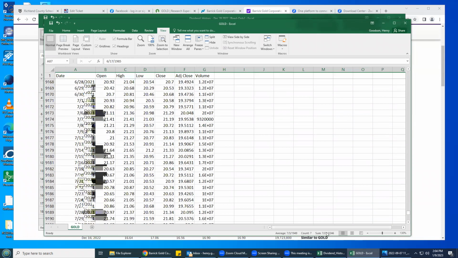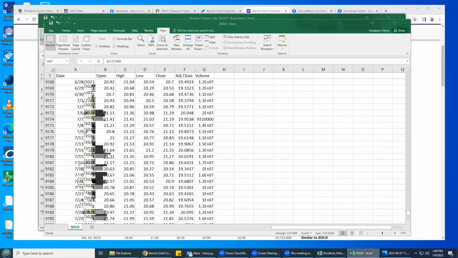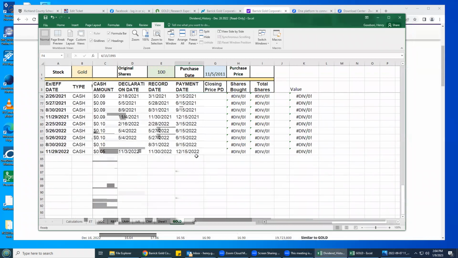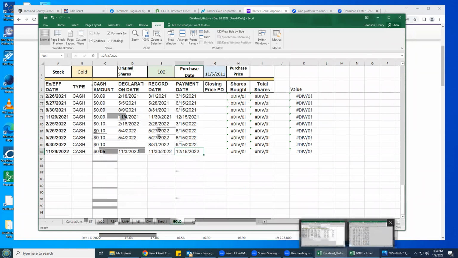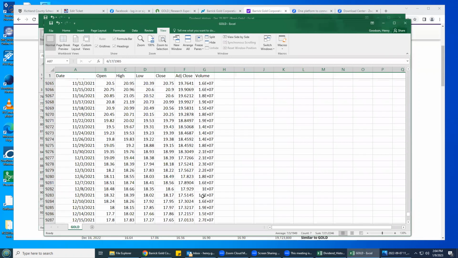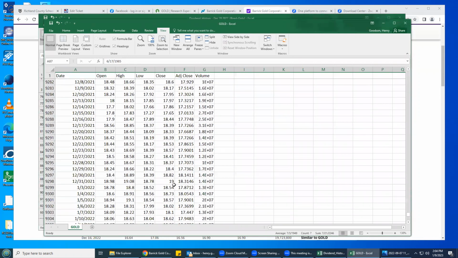So the last one is 12/15/22. It said it was $17. So this is close, but I don't know which one we're supposed to be using. So we're going to go with just the close.